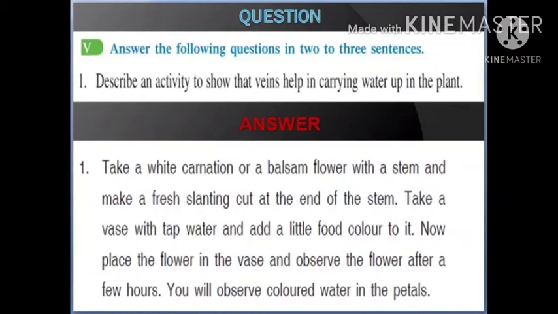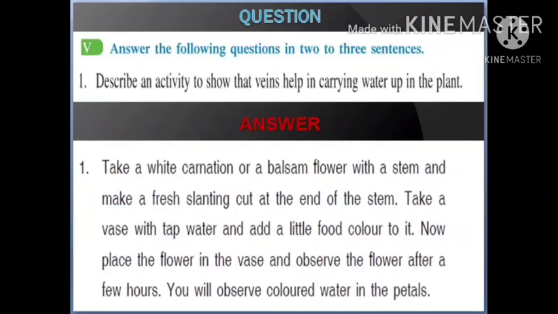So what do we have to do to understand that veins help in carrying water up in the plant? We have to take a carnation or balsam flower with stem. Then we have to cut the stem in a slanting way at the end. Then you have to take a pot. In the pot you have to take tap water. In the water we have to add some food color.